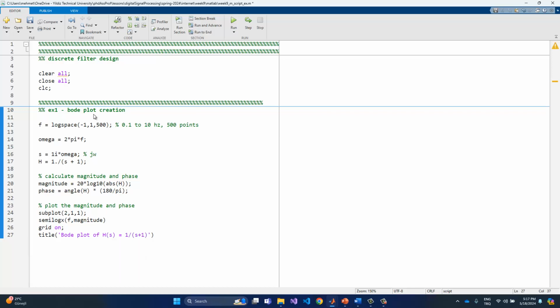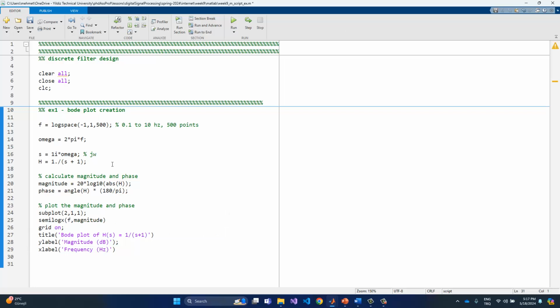Okay, so the Y label is the magnitude in decibel, and the X label is the frequency values, Hertz.